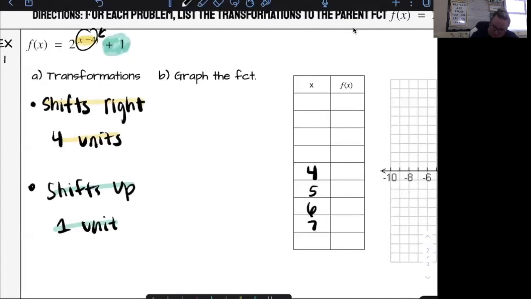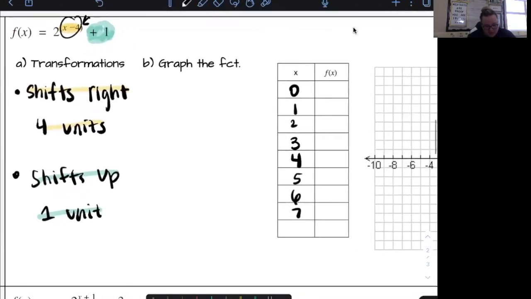Let's do 3, 2, 1, and 0. All right. So let's plug some values in here. So if I plug in 4, I'm going to get 2 to the 4 minus 4 plus 1. So that would give me 2 to the 0, which is 1. 1 plus 1 is 2.